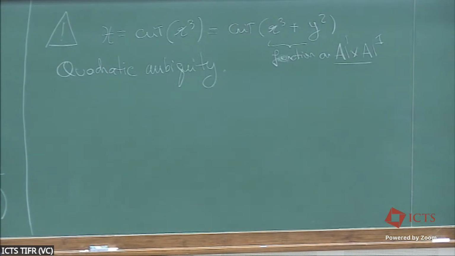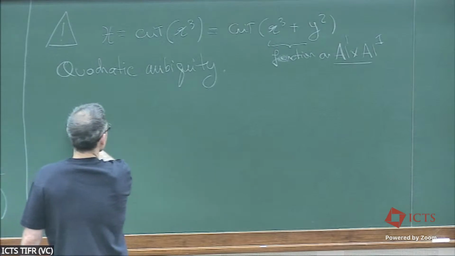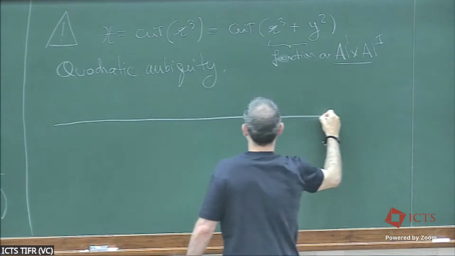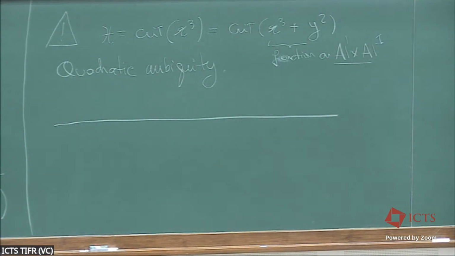So this is the starting point of the story I want to tell. Let me start by making here on the board some table. I'll try to explain what we want to do.